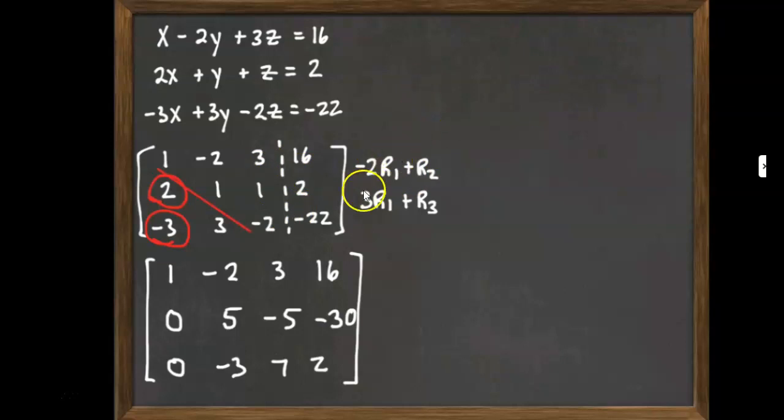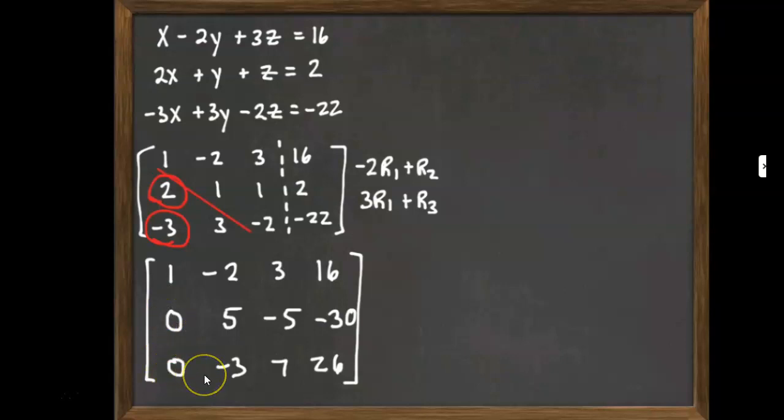And then finally, 3 times 16 is 32. I'm sorry, 3 times 16 is 48. And the negative 22 gives us a positive 26. So now we've taken our matrix and we've eliminated the 2x's out of the other two equations.